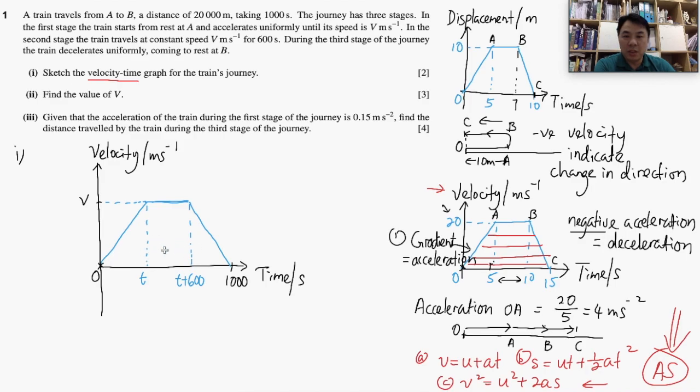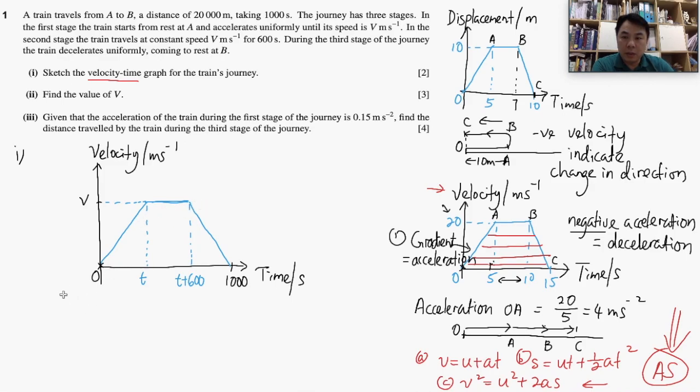So the total journey would be 20,000 meters. Let's try to use this information. Let me erase this. Okay, too much erased, let me get a smaller one. Now we know that the total distance is 20,000, so area under the graph.